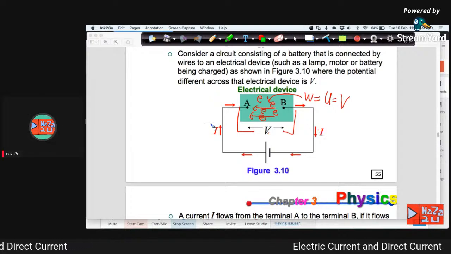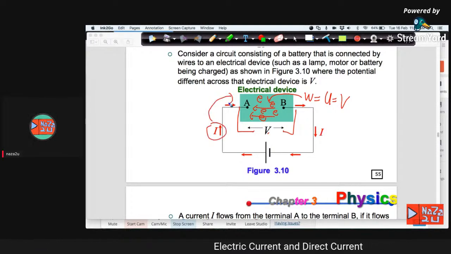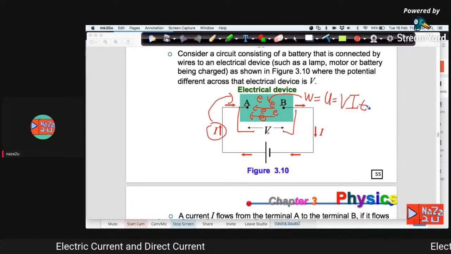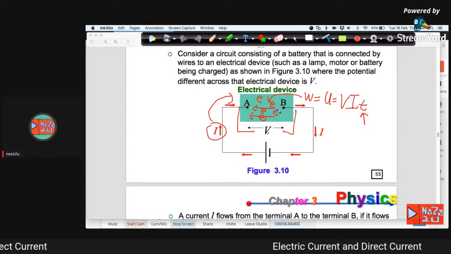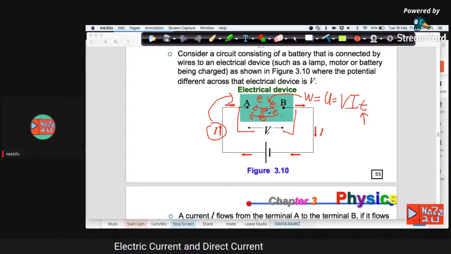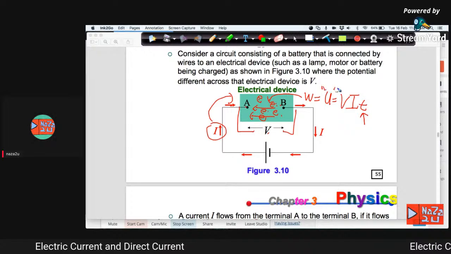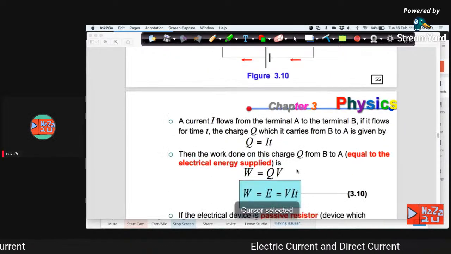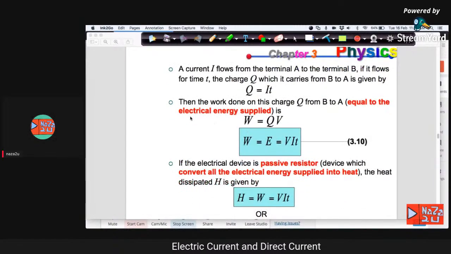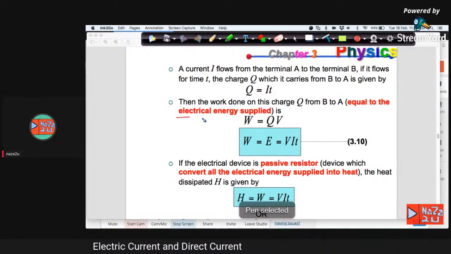How big current flows from A to B and time T. Dalam satu tempoh masa tertentu, arus mengalir, berapa cas yang digerakkan, berapa kerja yang dilakukan untuk menggerakkan cas, itu adalah U, ataupun merujuk kepada nota kat sini tadi, electrical energy supply.